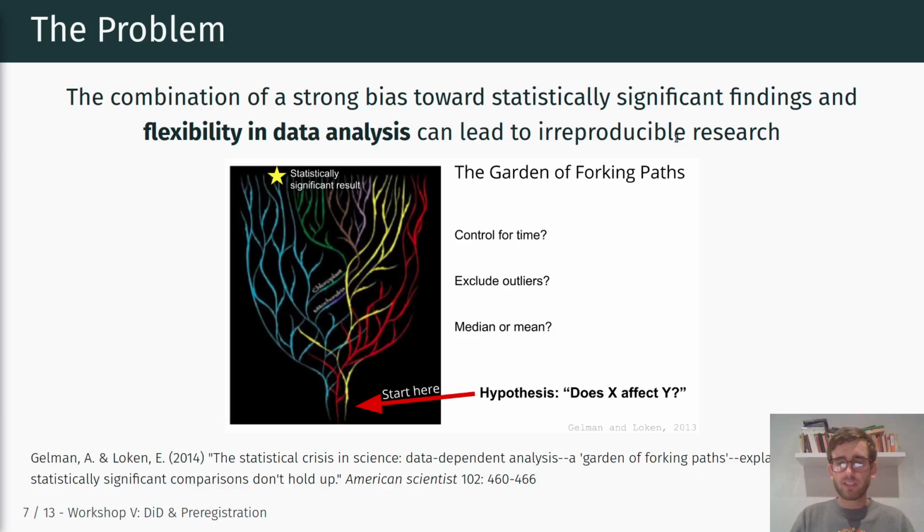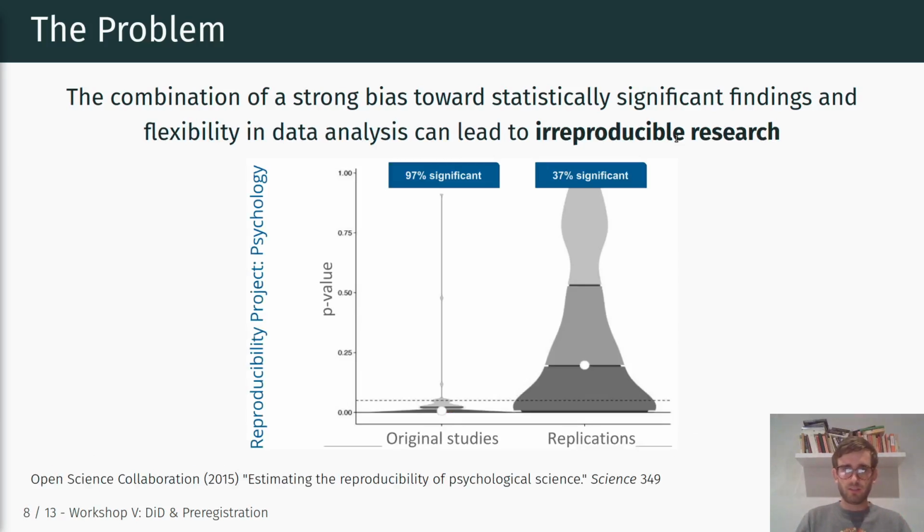And so one investigation of the reproducibility of research was this reproducibility project focused on psychology. It was a Science publication in 2015, estimating the reproducibility of psychological science, and this is one of the graphs from that paper, where they examined a couple of classic original psychology studies, where 97% of those original studies found significant effects.